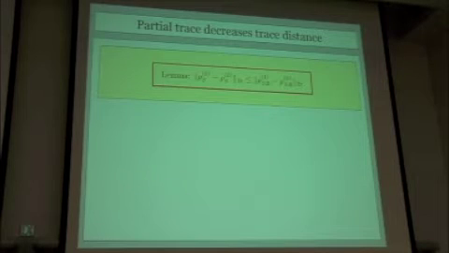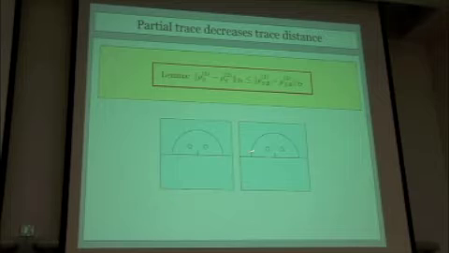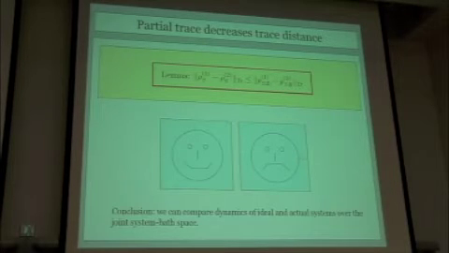Here's the proof. Here I have these two faces. This is also from Nielsen and Chuang. I wish I had invented this myself. This is after erasure. After erasure, on the left-hand side of this inequality, we cannot distinguish these two faces, right? But before erasure, they were actually different.